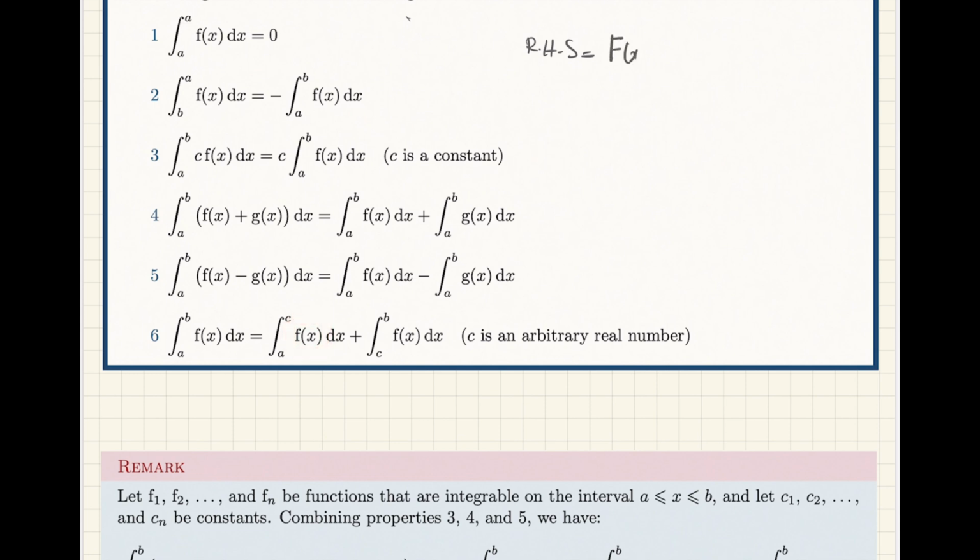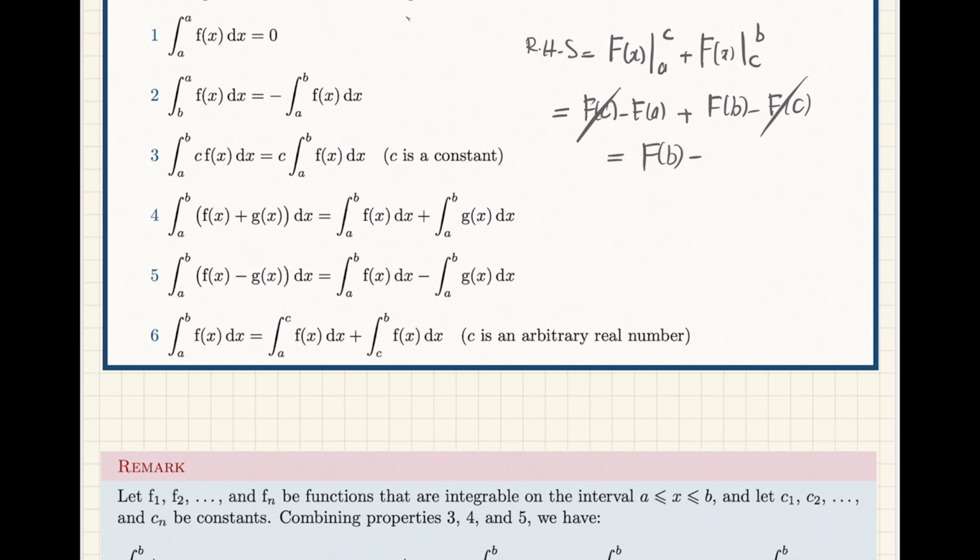So this would be capital F from a to c plus capital F from c to b. But what is the first one? The first one is F of c minus F of a, plus the second one, which is F of b minus F of c. But then you see that this minus F of c and this positive F of c are gone, so you get capital F of b minus capital F of a, and that is exactly equal to the integral between a and b.